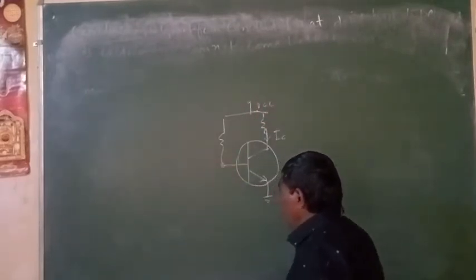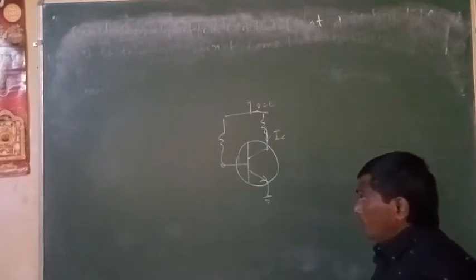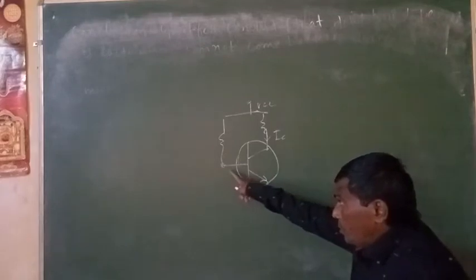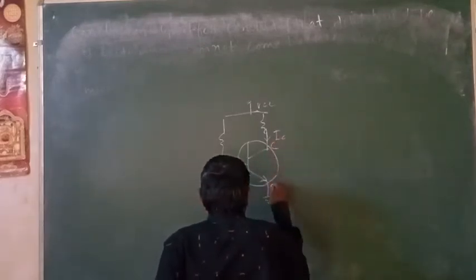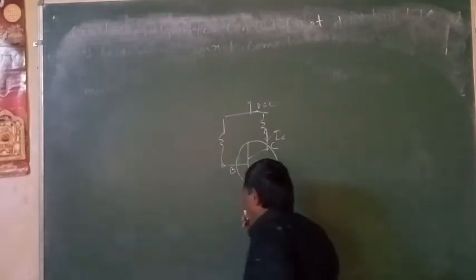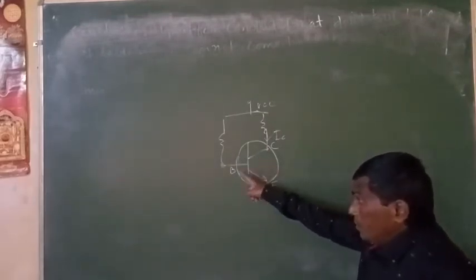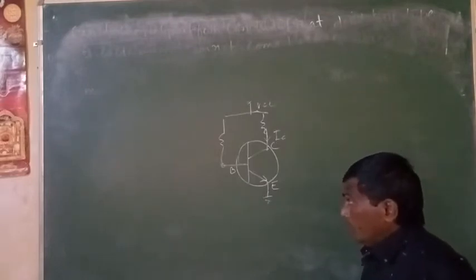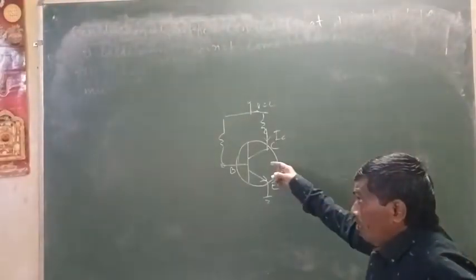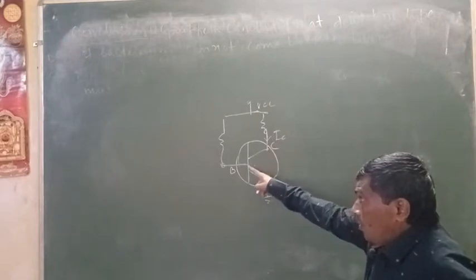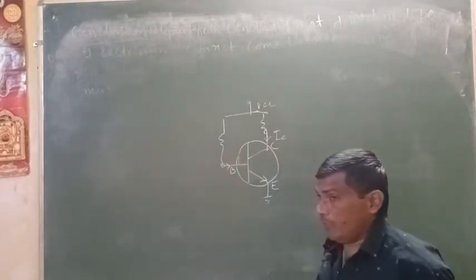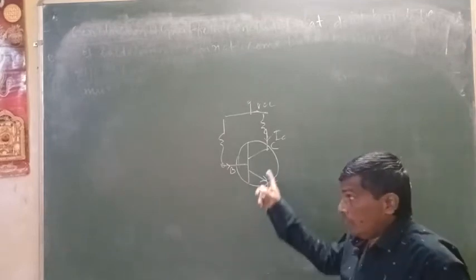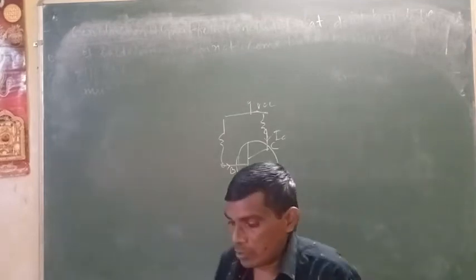When the input signal is not applied to the base terminal, this is the collector terminal and emitter terminal, even with no applied signal a current flows in the base circuit and consequently in the collector circuit.